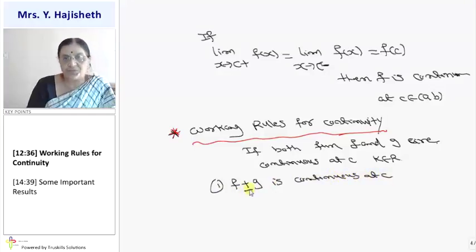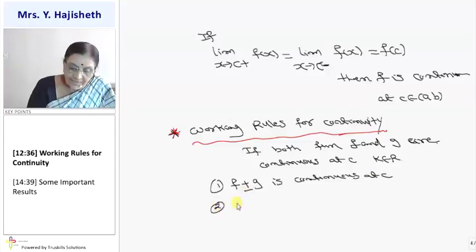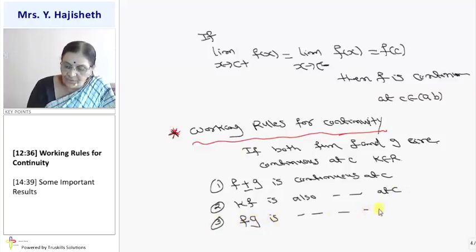f minus g is also continuous at c. Second, k times f is also continuous at c. Third, f times g is also continuous at c.